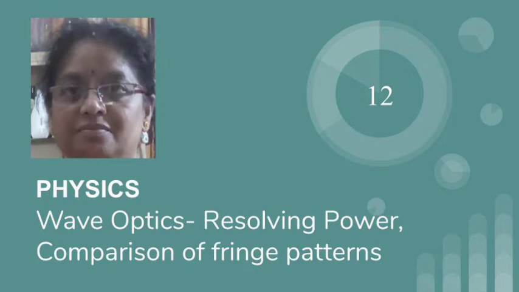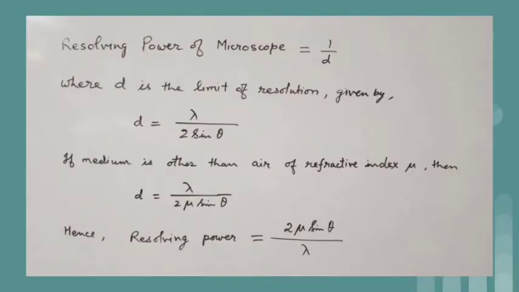Now we will see the resolving power of microscope and telescope and consider the factors affecting their resolving power. The resolving power of microscope is equal to 1 by d, where d is the limit of resolution, given by d = λ/(2 sin θ).